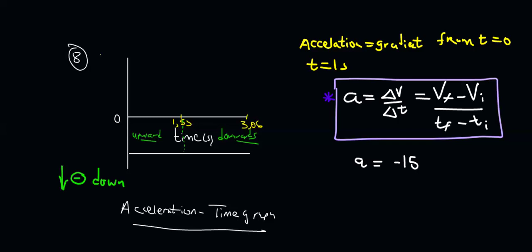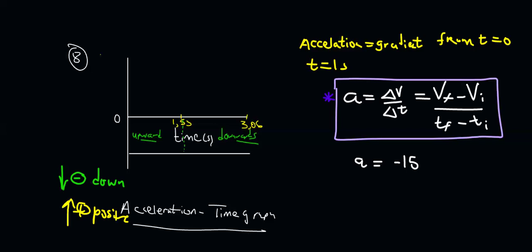So our v final was negative 15, because it was 15 meters per second downwards. Hence, I told you that down is negative. So it was negative 15, and then minus the initial velocity, which, if you still remember from the previous lesson, was 15 meters per second.